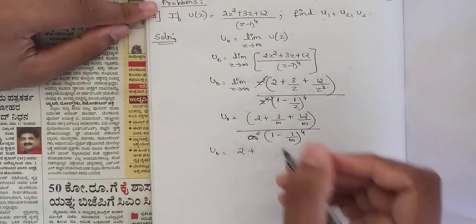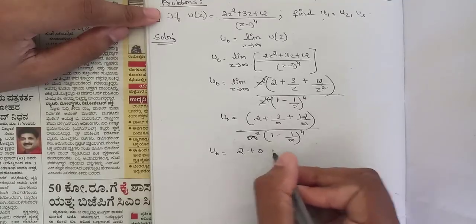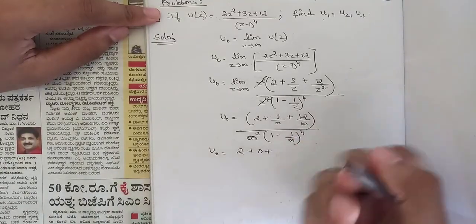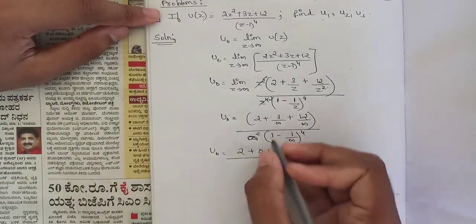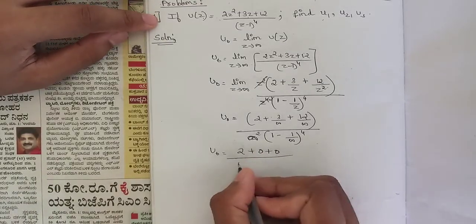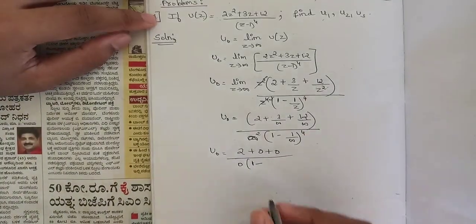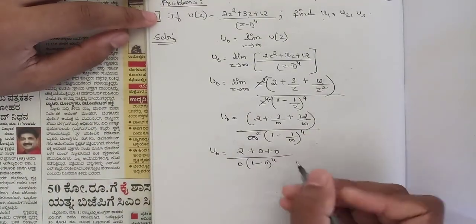2 plus anything divided by infinity, we know that it is 0. Plus again anything divided by infinity is 0, divided by infinity square. Infinity square is again 0. 1 minus 1 by infinity is again 0 to the power 4.